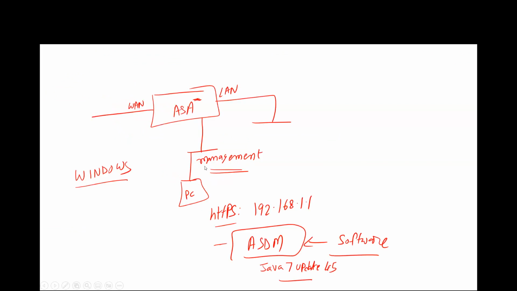But this is for the initial configuration. On your day-to-day basis, will you take your PC connected to the firewall management interface for your day-to-day activities? We will not be connecting our system to the management interface, right? We want all the configurations to be done from our local network. What do you say?